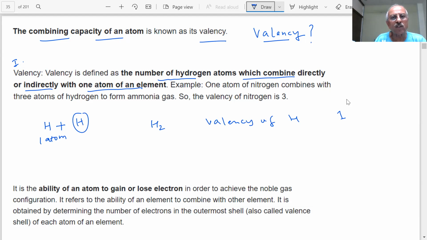Now I say oxygen, for example. You are aware of the compound H2O. How many hydrogen atoms are combining with oxygen here? 2 hydrogen atoms.